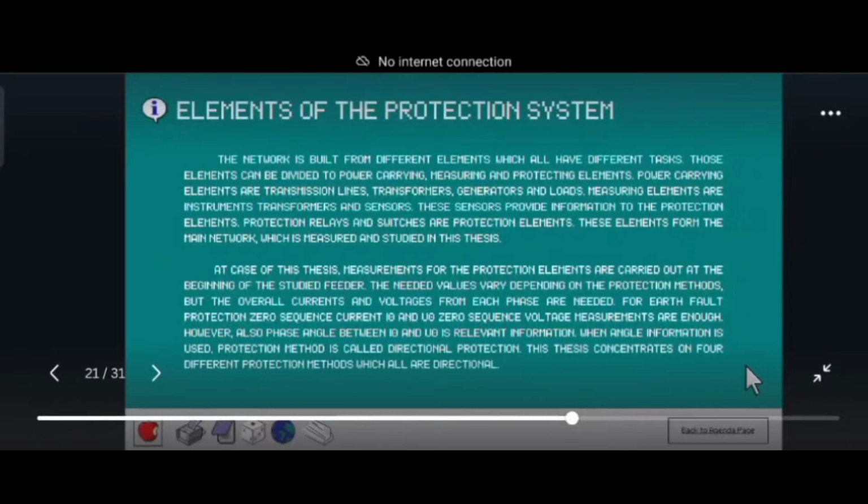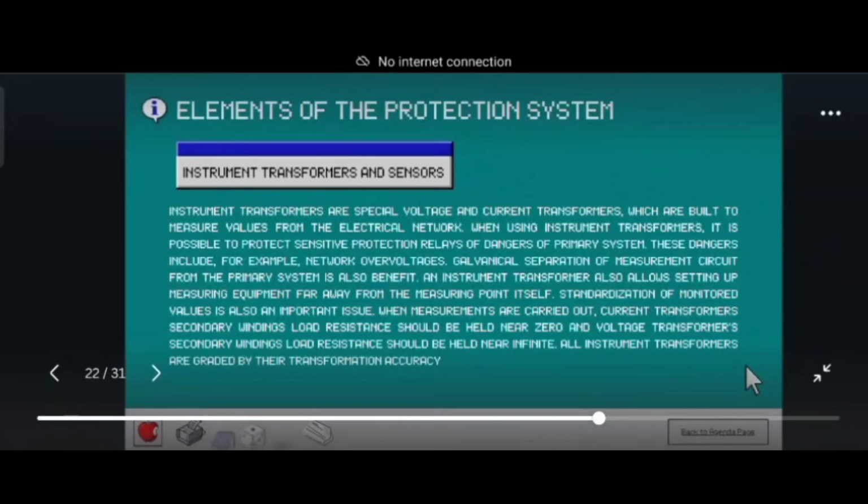However, the phase angle between I0 and U0 is also relevant information. When angle information is used to protect, the method is called directional protection. This thesis concentrates on four different protection methods which are all directional.